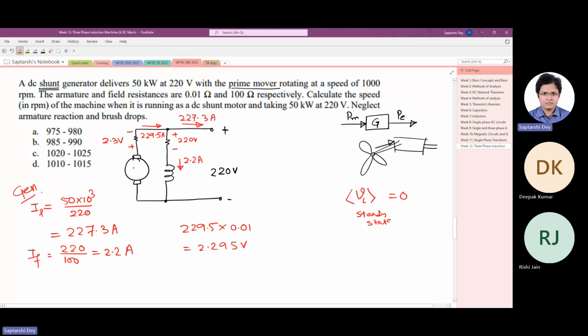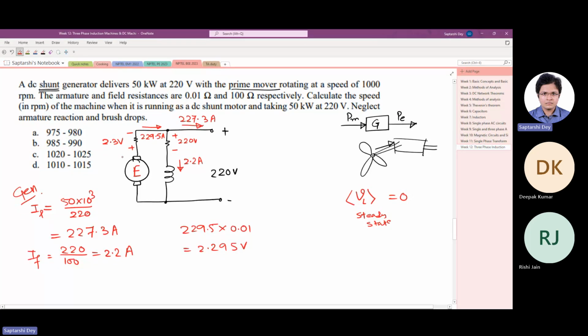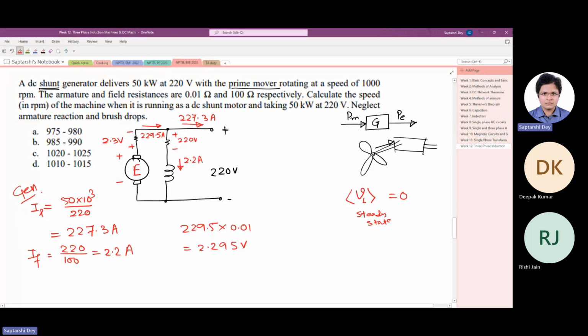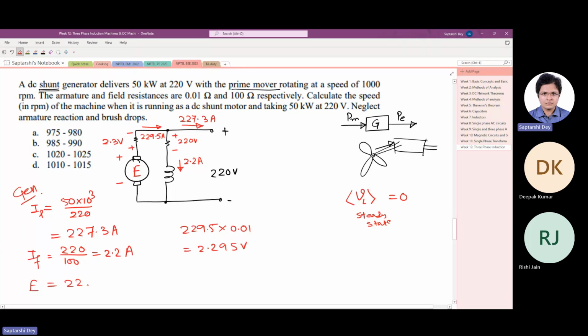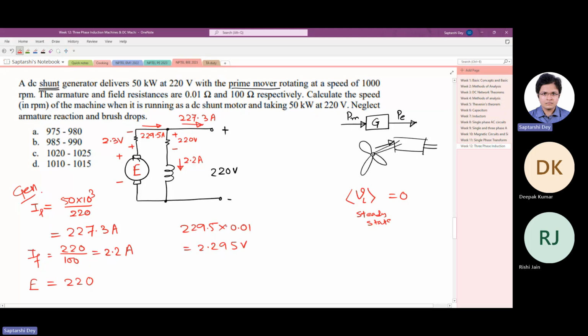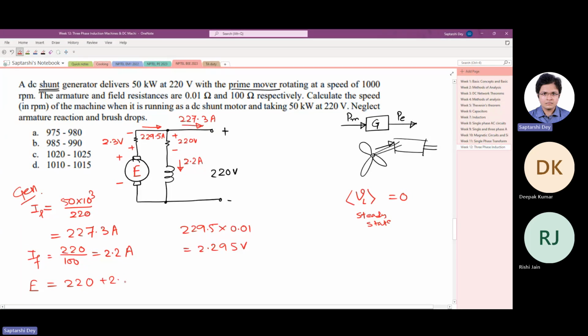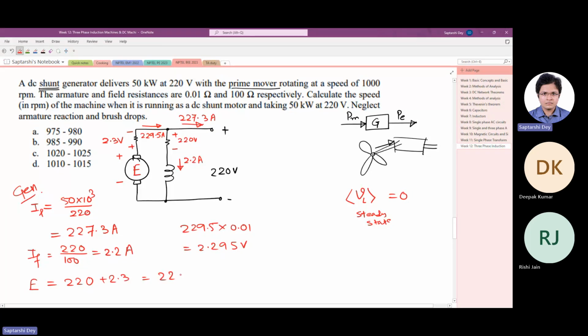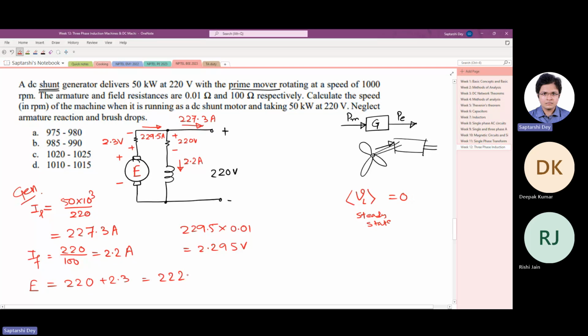From here, we can find out the back EMF, not the back EMF, it's a generator, so it's a developed EMF. So the EMF E will be 220 volt plus 2.3 volt, which is 222.3 volt.